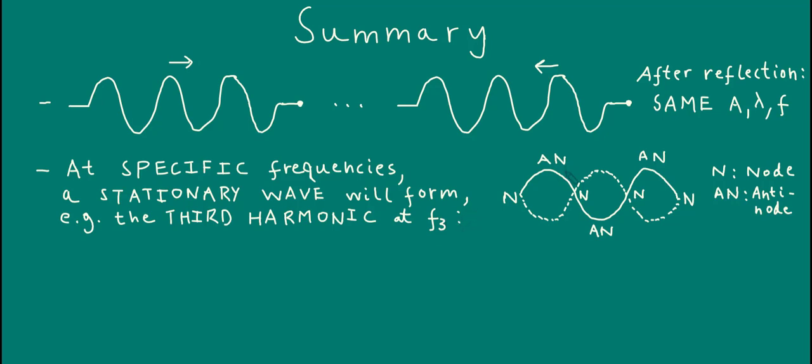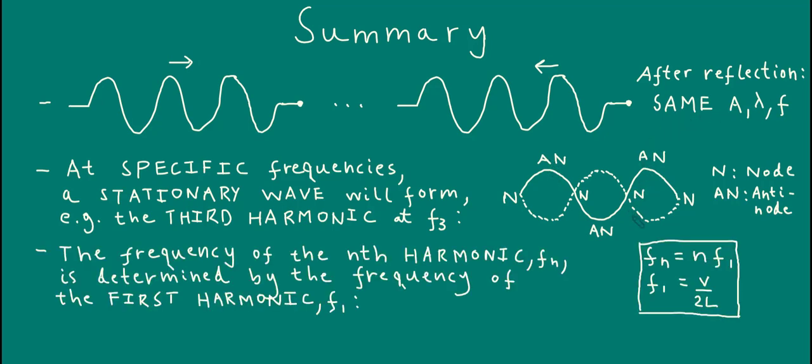Recall that a stationary wave is characterized by points called nodes, which are points of zero displacement of the particle at all times, and points known as antinodes, where the particles oscillate with maximum amplitude. We discussed that the frequencies of possible stationary waves, or harmonics, are always given by a whole number or integer multiple of the frequency of the first harmonic.